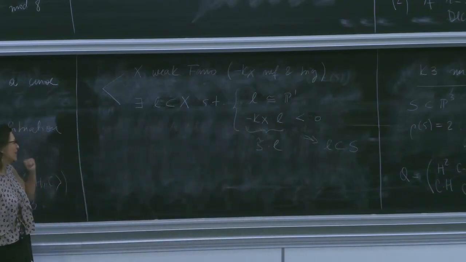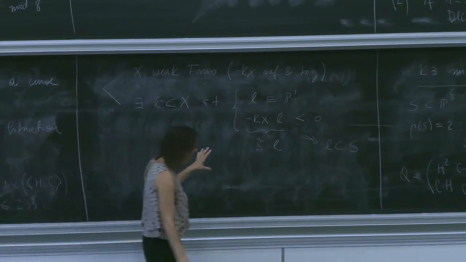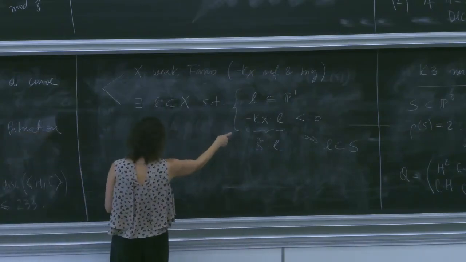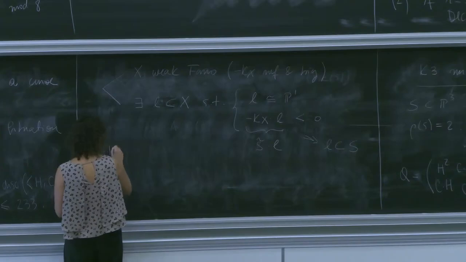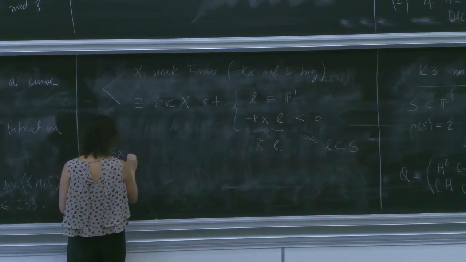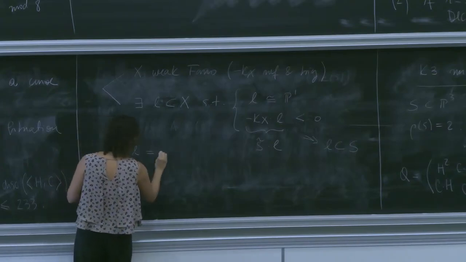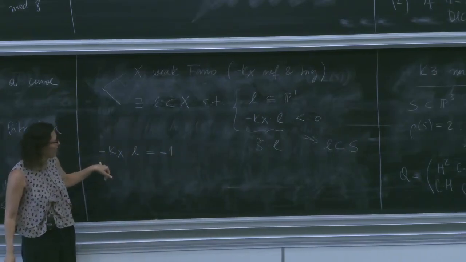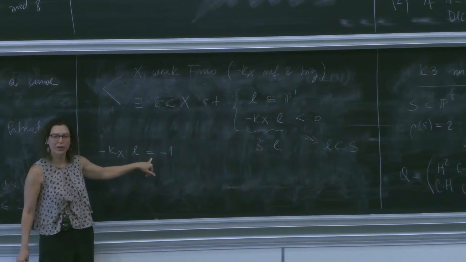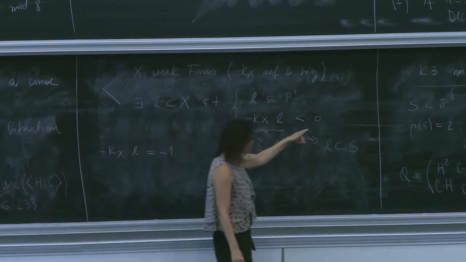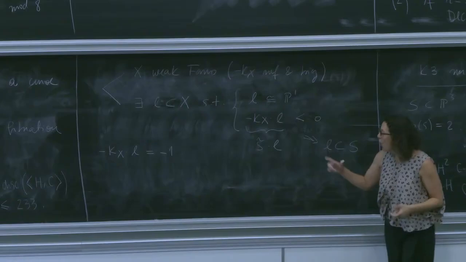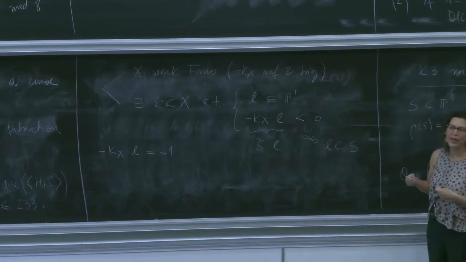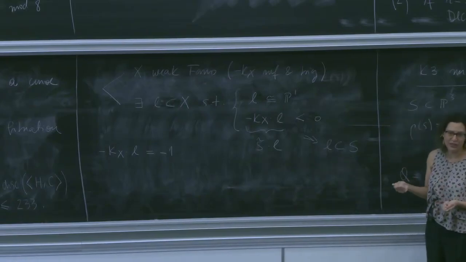But okay, here maybe I will be a little bit quick, that in fact, we know that more is true. We can show, okay, this is not an easy computation, but it can be done. We can actually show that the anticanonical degree of L must be precisely minus 1. And this is because if it is smaller than minus 1, when you perform the anti-flip, you get something worse than terminal singularities.